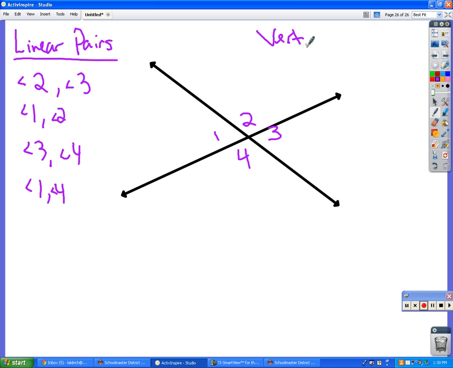What we want to look at now is the vertical angles. And now there are only 2 pairs of vertical angles. McGuire, what's one pair of vertical angles? Angle 2 and angle 4 are vertical angles because they are across from each other.